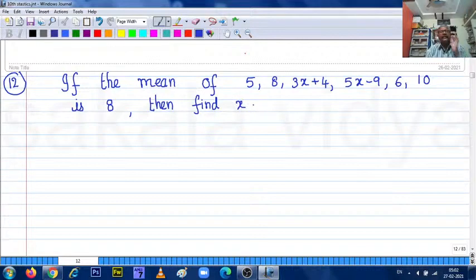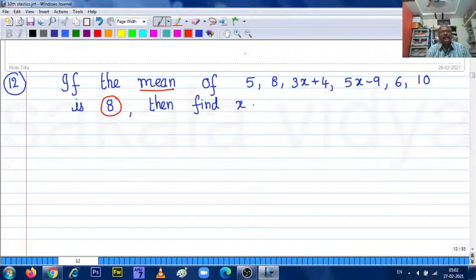So how could you find it? Here, how many observations are given? 1, 2, 3, 4, 5, 6 observations. The mean of 6 observations is given as 8. Then we need to find x. First we need to find the sum of all the observations.